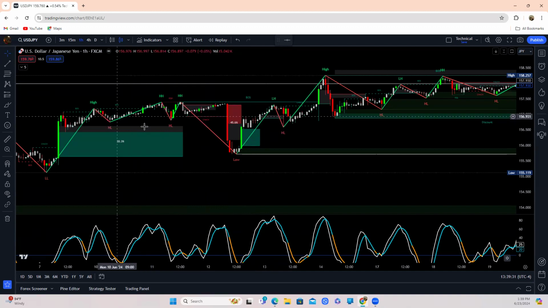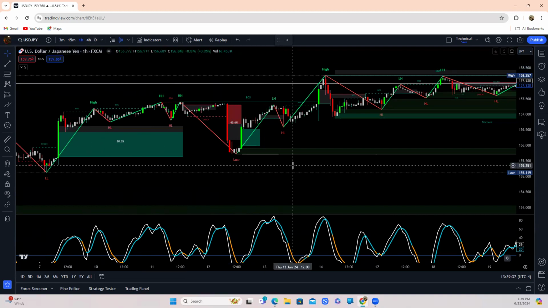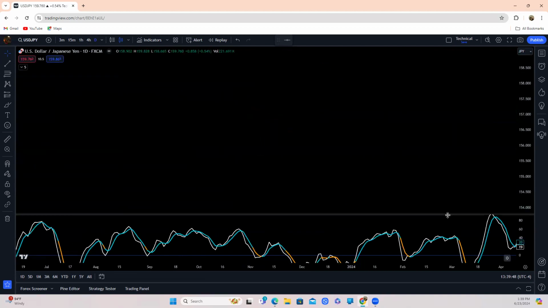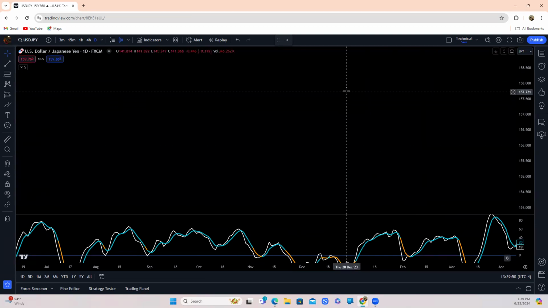A reversal setup would be, again, if the daily was showing a loss of momentum and the bias shifted, right? Nowhere on the daily did momentum change to the downside.